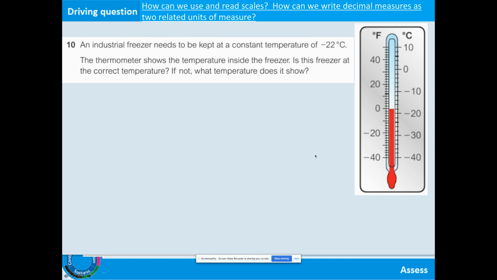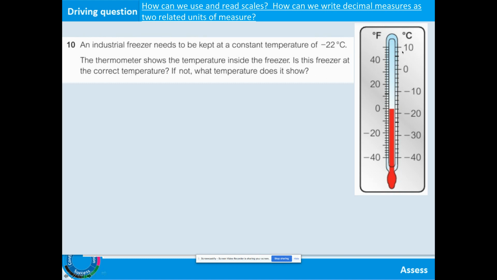Okay, so we need to check the question. Is this freezer at the correct temperature? So your first part has got to be either yes or no. It needs to be minus 22 degrees Celsius. So here's our degrees Celsius this side. This side is degrees Fahrenheit, which we don't really use an awful lot anymore. We use this side, Celsius.